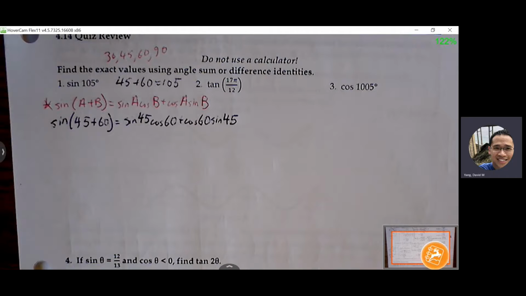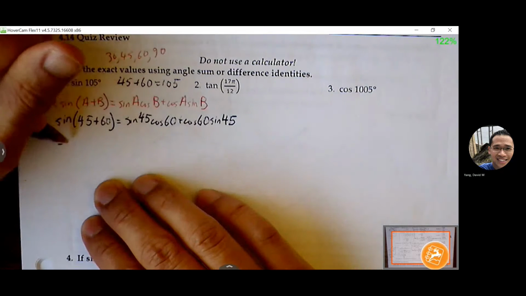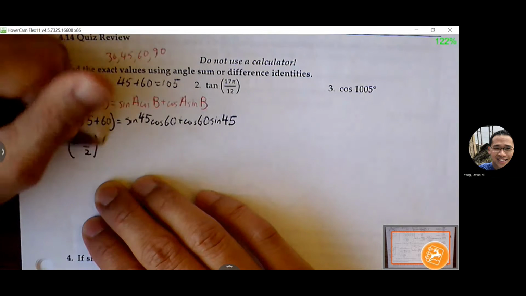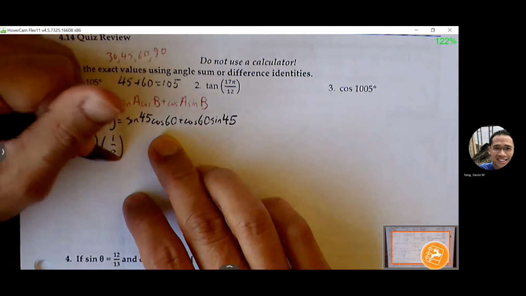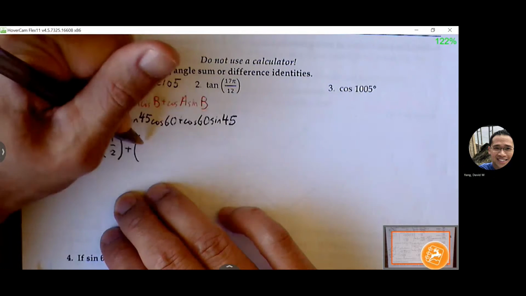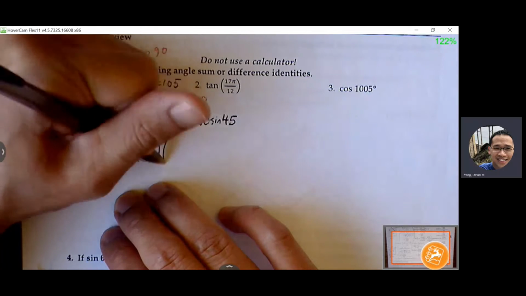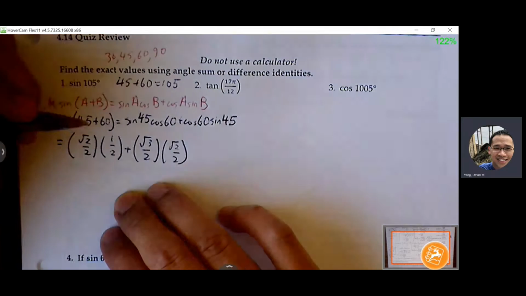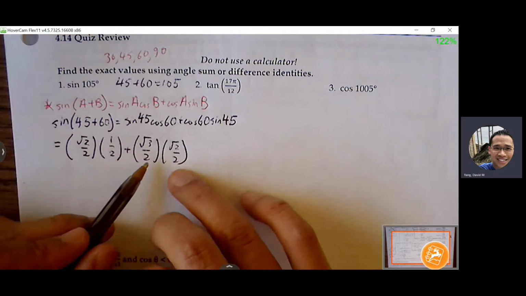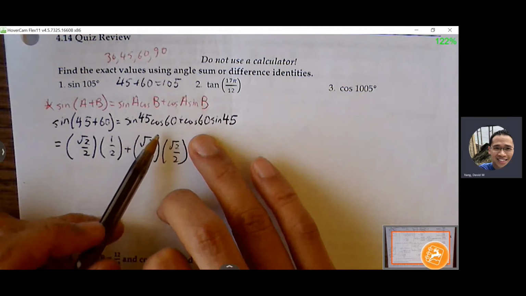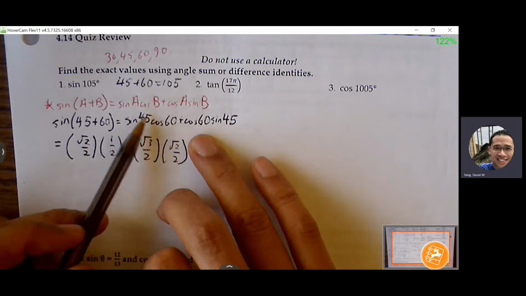Okay, use your unit circle and replace each of those trig angle measures with a ratio. Oops, sorry, I messed up here.